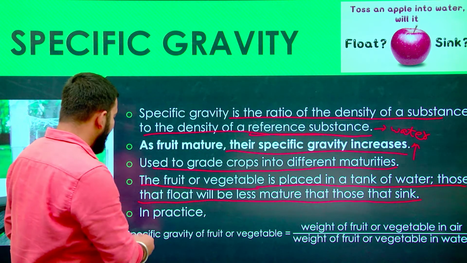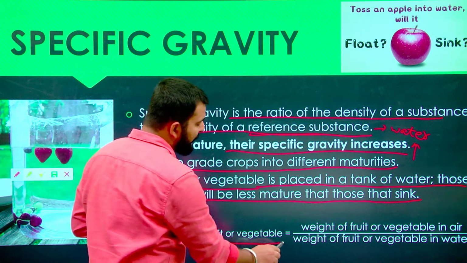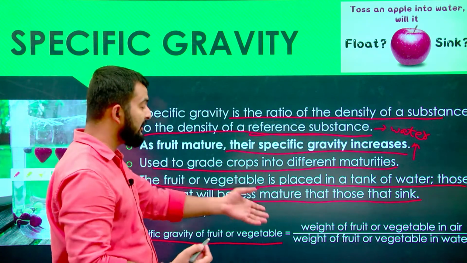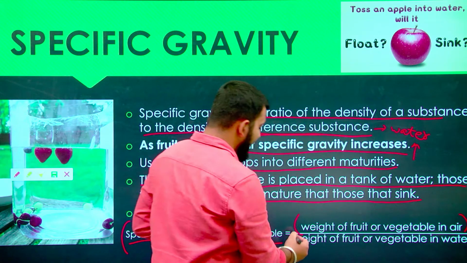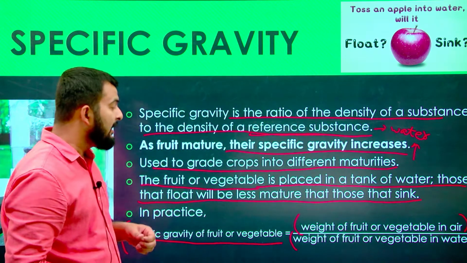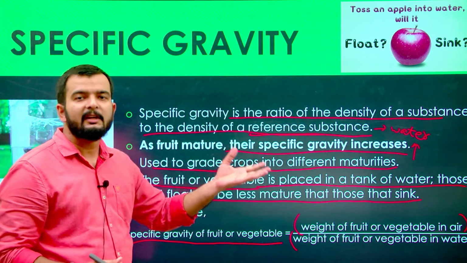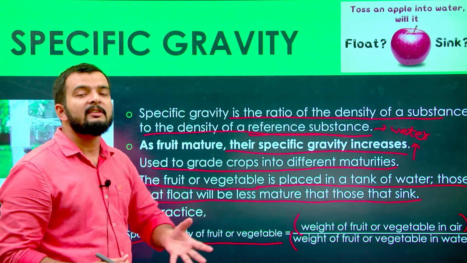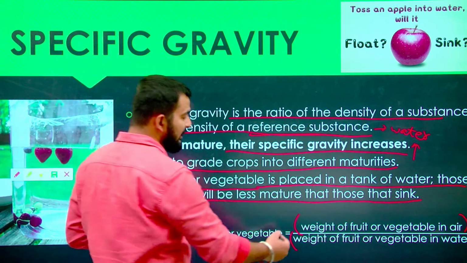Okay. So in practice, the specific gravity of a fruit or a vegetable is the ratio of the weight of the fruit or vegetable in air and the weight of the same fruit or vegetable in water. Okay. So you will weigh your fruit or vegetable in air, then again you will weigh the same fruit or vegetable in water, and thus you will calculate the specific gravity.